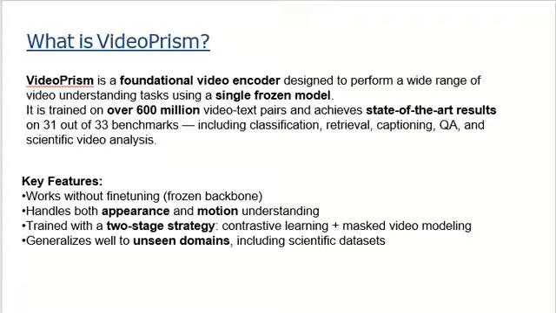Third is the two-stage training. It combines the benefits of supervised and unsupervised learning by using both clean captions and noisy video data. Strong generalization: one of the standout aspects is its ability to perform well even on completely unseen domains like scientific video data.